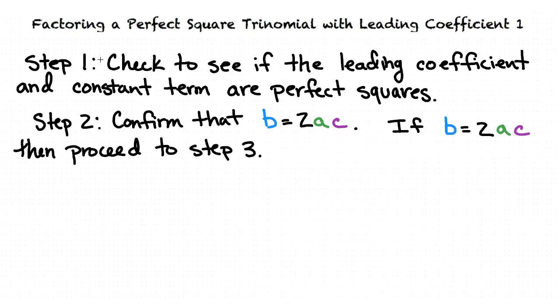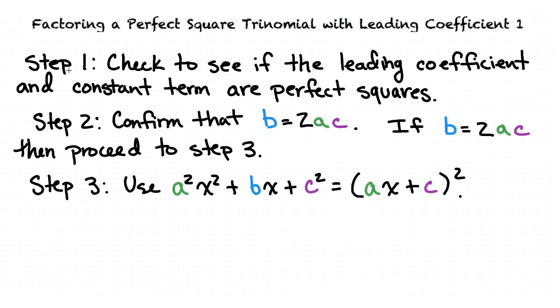Otherwise, it is not a perfect square trinomial and cannot be factored using step 3. In step 3, use a squared times x squared plus bx plus c squared is equal to ax plus c quantity squared. This will get us the factored form of the perfect square trinomial.